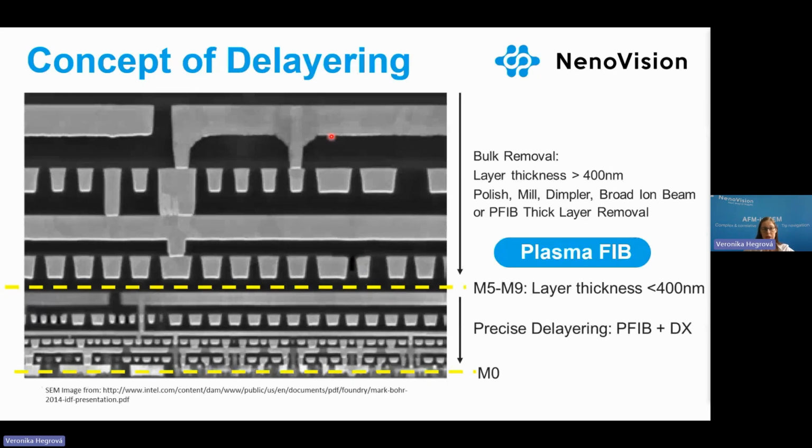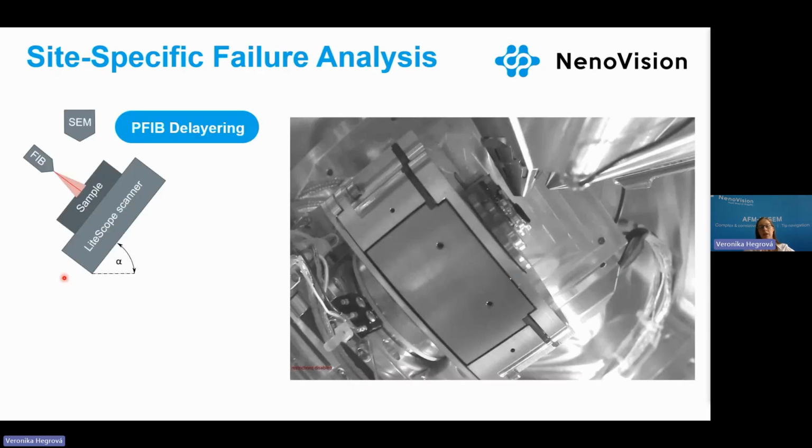The important thing is that at the end of the delayering, layer by layer, the layers are quite flat, so then it's suitable for the conductivity analysis. This way we can use the plasma FIB delayering. As you can see, we are under a large tilt with the sample, which is the highest point.